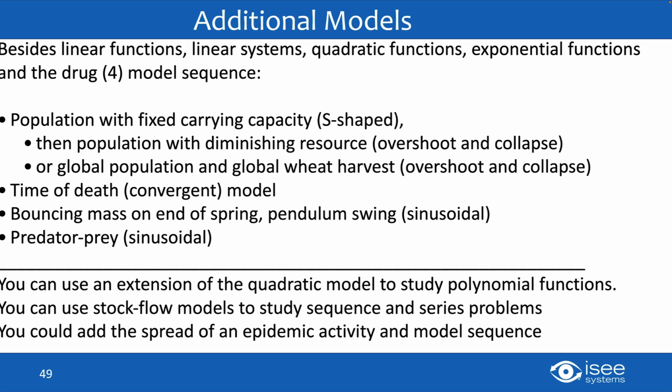They build a determining the time of death model, demonstrating convergent behavior. Finally, they build models involving applications of sinusoidal behavior to study a mass bouncing on the end of a spring model, a swing pendulum model, and predator-prey interaction.